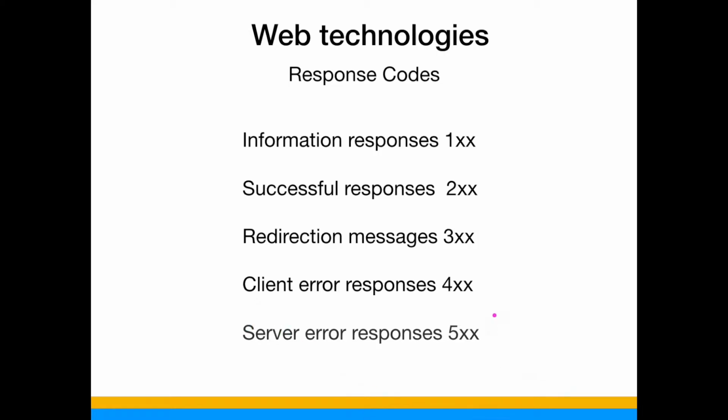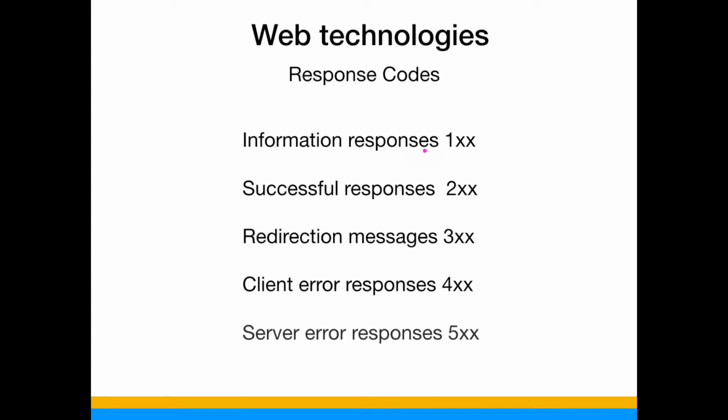Another aspect that is returned in the header of the response is the status code. And the status code is essentially a series of numbers that tells you how the server responded to the request. So if you want to use some of the basic HTTP methods, this is summarized.